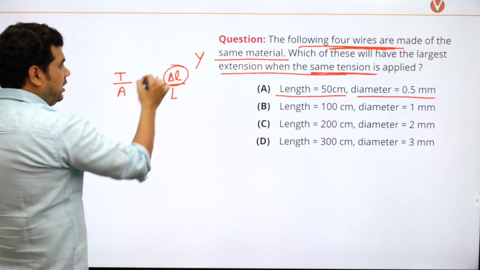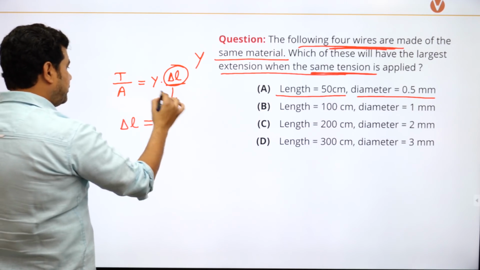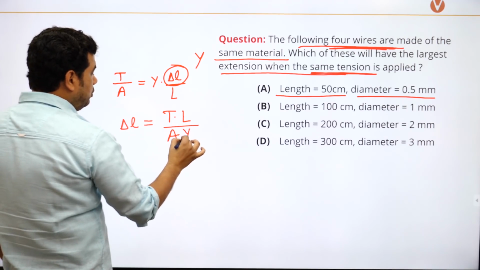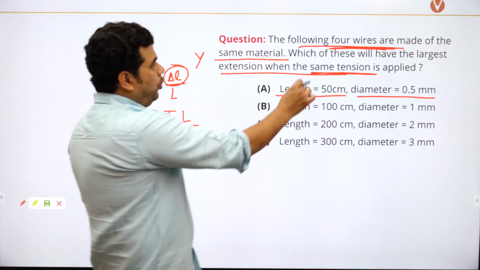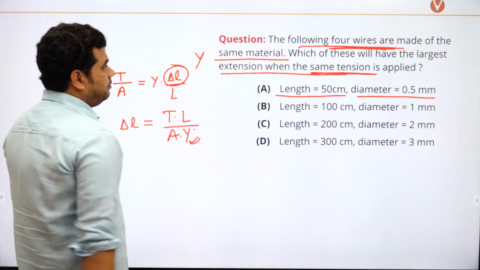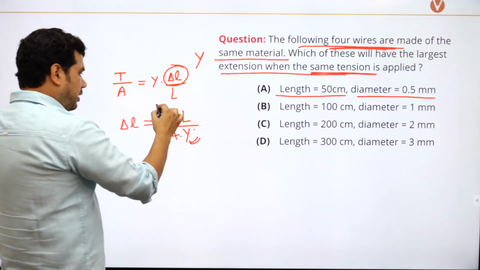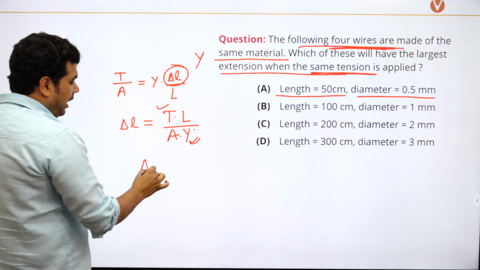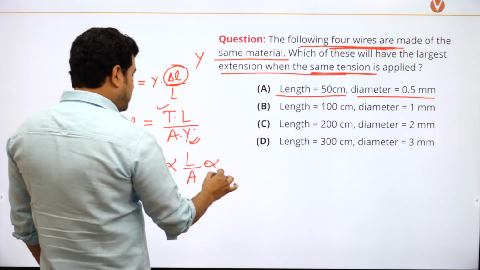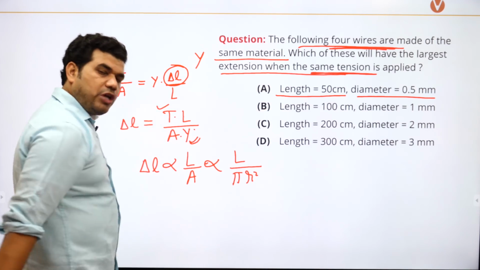Now the change in length delta L can be written as T into L divided by A into Y. The 4 wires are made of the same material, so Y is the same, and the tension is also the same. So delta L is proportional to L upon A, which is L upon pi r square, because the diameter is given.